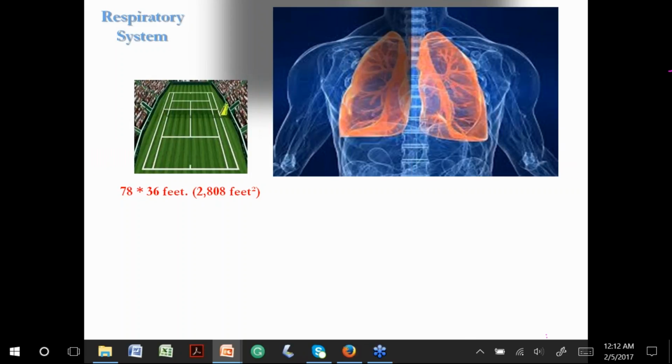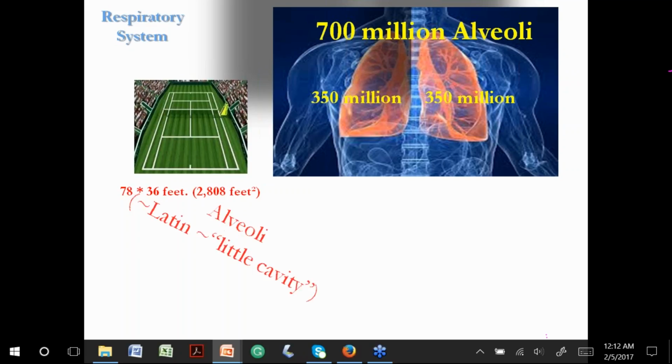An interesting thing is that we have about 350 million alveoli in each lung. That means that we have about 700 million alveoli in both lungs.